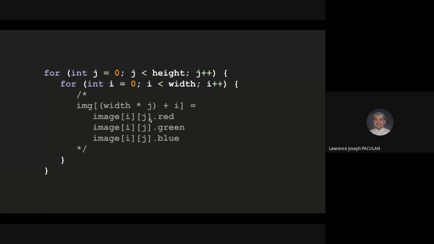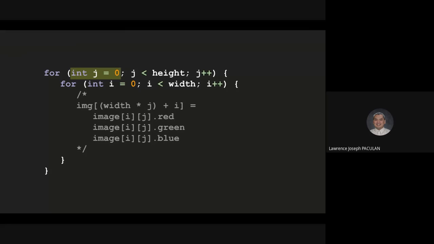If you remember this, width times j plus i pertains to the index of a particular pixel, and the red, the green, and the blue of each pixel using their coordinates will be saved to that array.